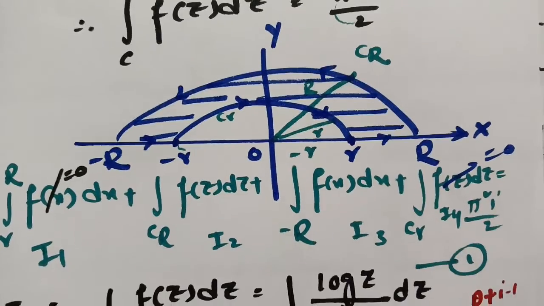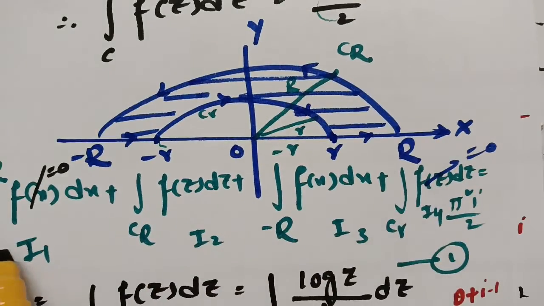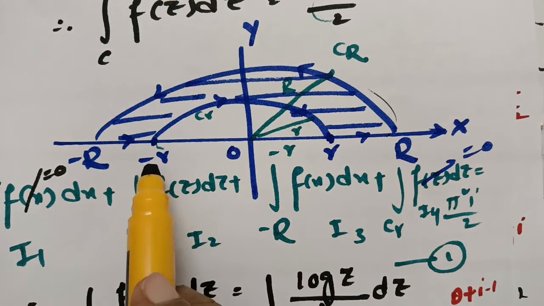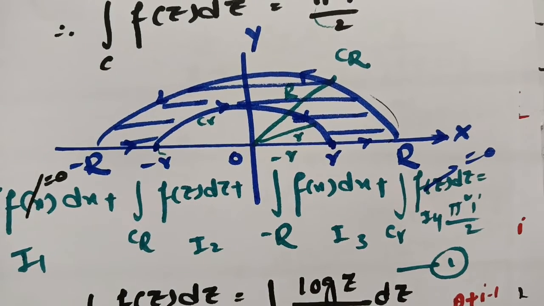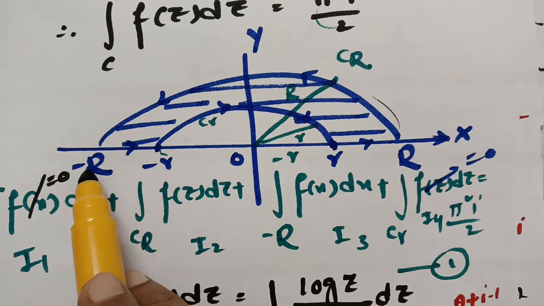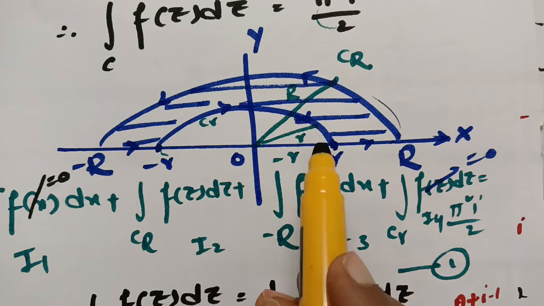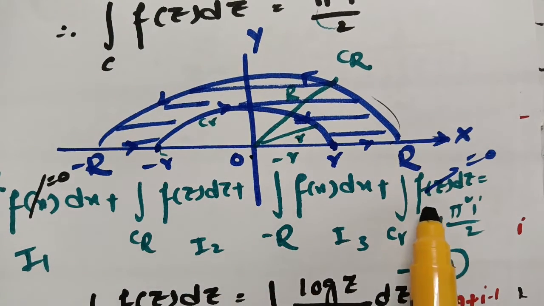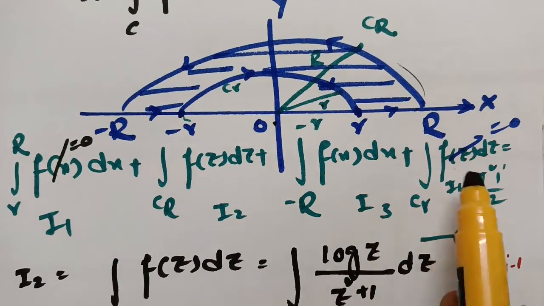So this is our closed contour C, which is the four parts: small r to capital R first, next CR, the semicircle with radius capital R, then minus capital R to minus small r, and the next one is the upper semicircle with center 0 and radius small r. So these are the four integrals, which together we got as pi square i by 2. So we have to find all the four values.